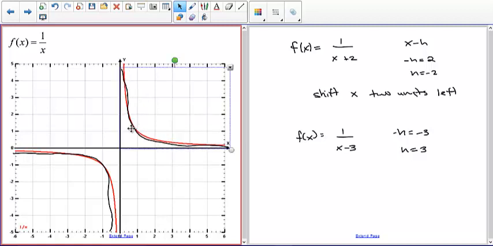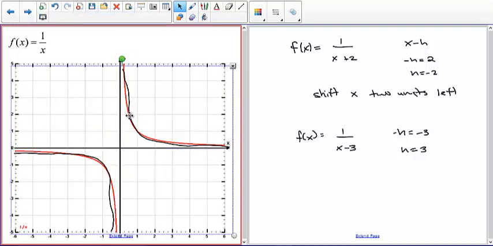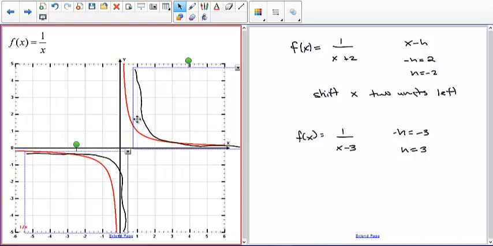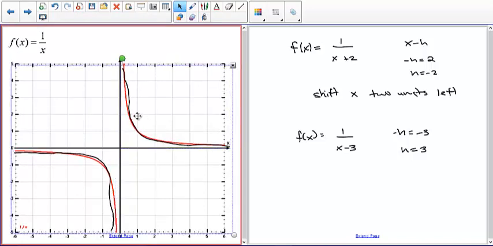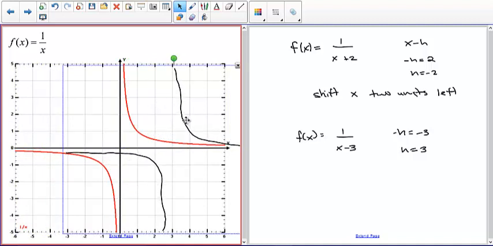For some reason, these have become detached, so let me group those together again. Okay, so I'd move this thing 1, 2, 3 units to the right. And you can tell because the vertical asymptote here is going to be at x equals 3. So if you draw a vertical line at x equals 3, we see that the vertical asymptote is there.